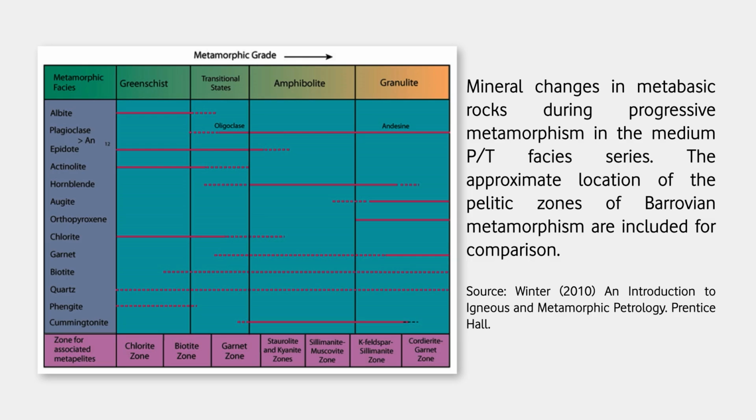You have the different distribution of all these metamorphic phases: greenschist phases, transitional series, amphibolite phases, and granulite phases. You have zones associated: metapelites, chlorite zone, biotite zone, garnet zone, staurolite zone, sillimanite zone, K-feldspar zone, and cordierite garnet zone.